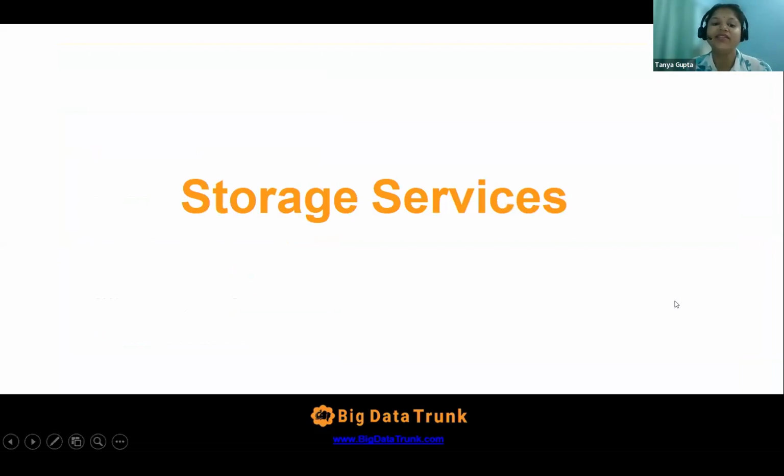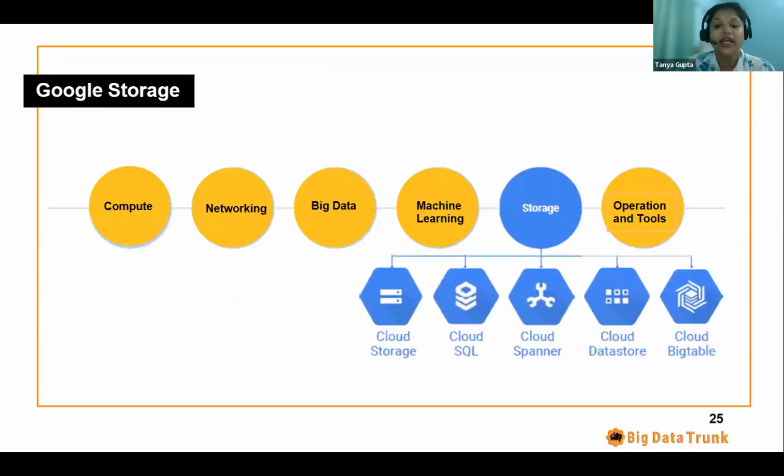Another one is about storage and services. When you talk about storage, different storage features are there, whether you talk about compute engines or networking. In networking, generally your virtual machines come up, right? Whenever you want to buy virtual machines, you go for the networking part.